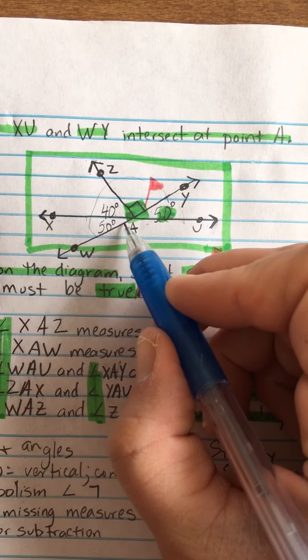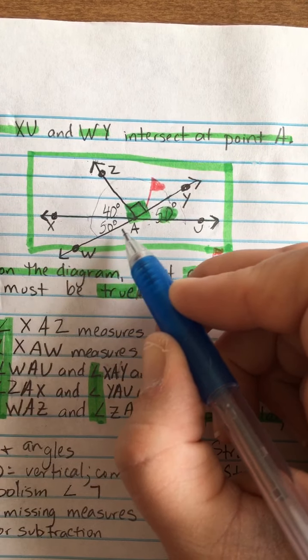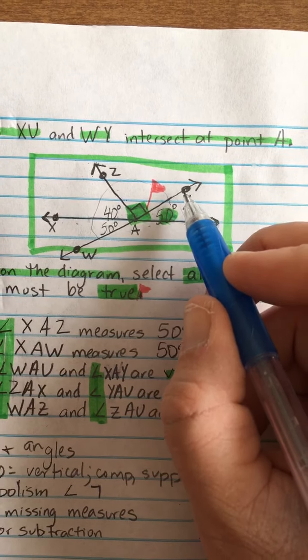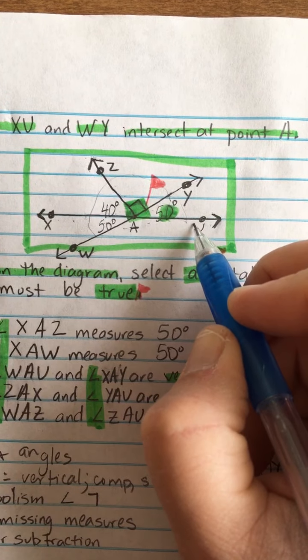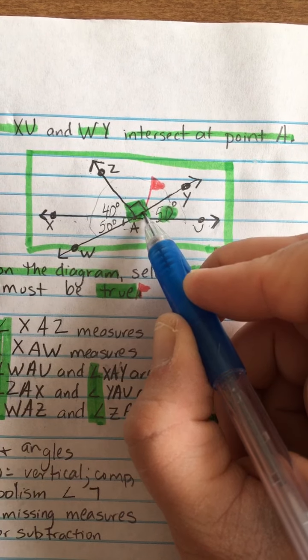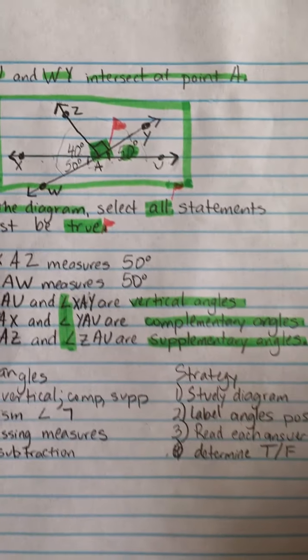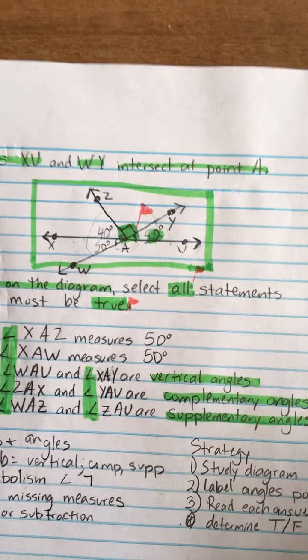I do see here that based on the laws of vertical angles, angle WAX and YAU are vertical angles. Okay, I'm studying the diagram and I have labeled the angles possible.